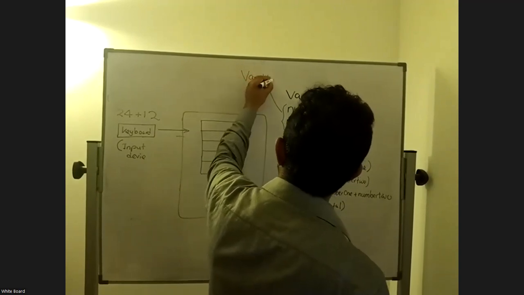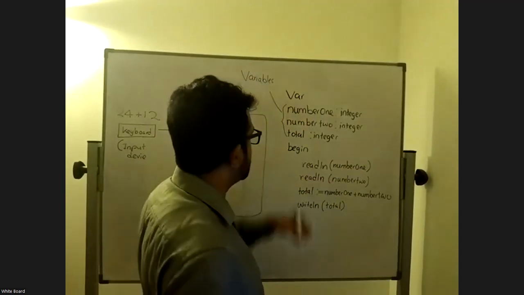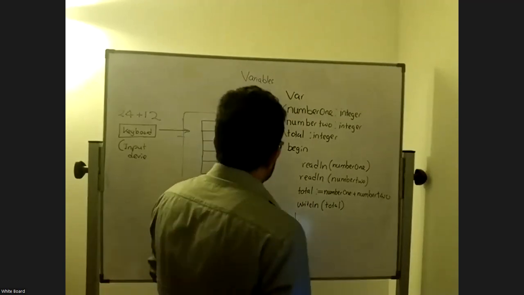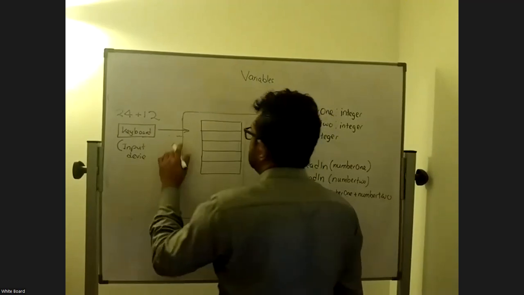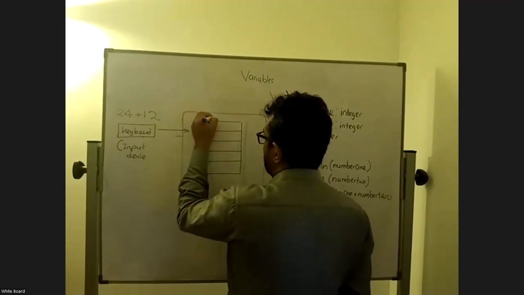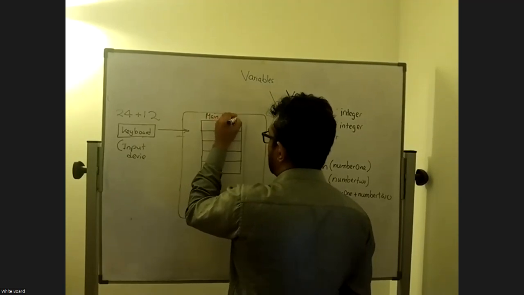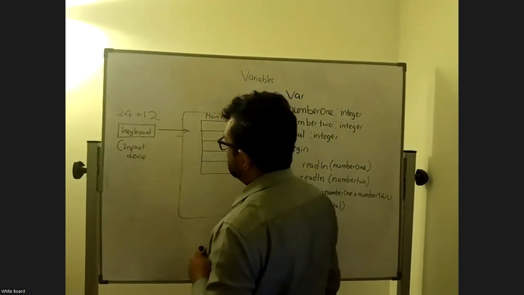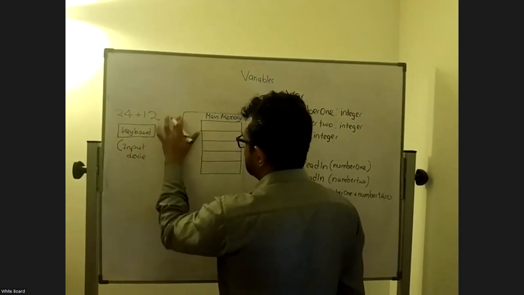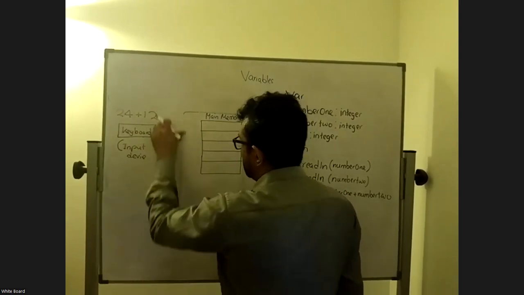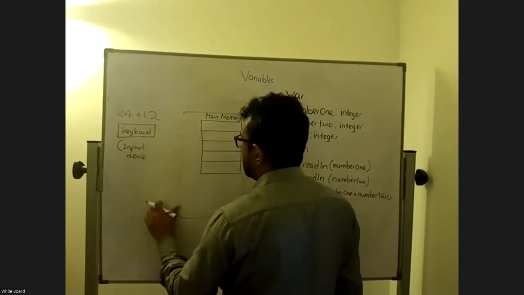What are your variables here? Number 1, number 2, and total. All these are variables. In the computer, this is the memory, main memory. In this main memory, the items that you give on the keyboard are stored. So we'll remove this side of the line.